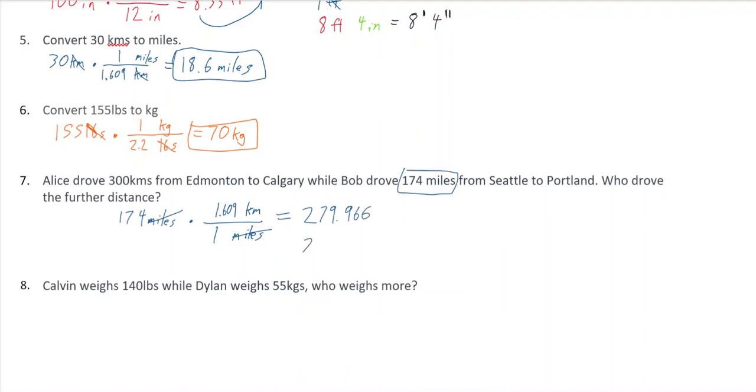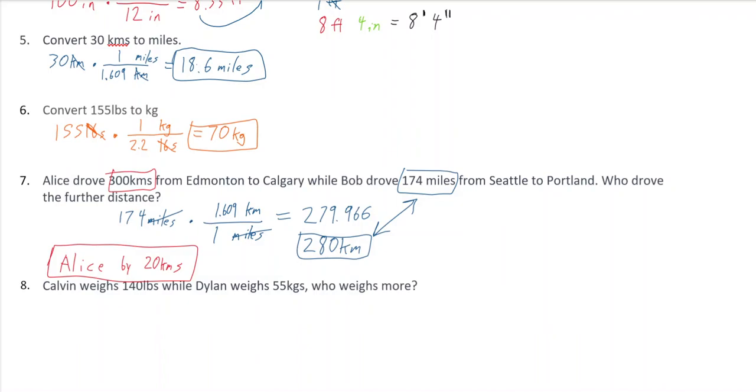So this will round up, so 280 kilometers. Okay, so this is how far that Bob drove, while Alice drove this much. So who drove further? Alice drove further. By 20 kilometers. Roughly.